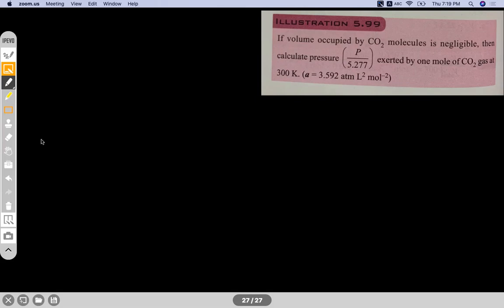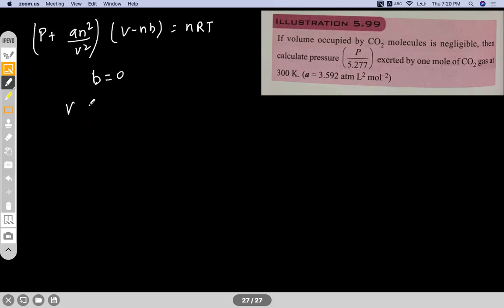See what we'll do here. We have the van der Waals equation, that is P plus A n square by V square, into V minus nB, is equal to nRT. 1 mole is given, so n is equal to 1, and we substitute. The volume occupied by CO2 is negligible, which means B is equal to 0, as given in the question.